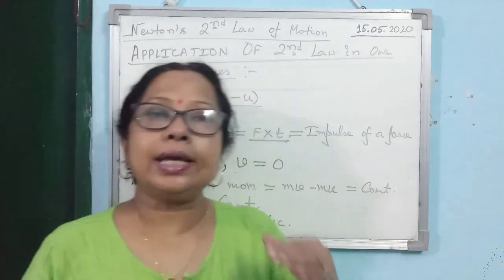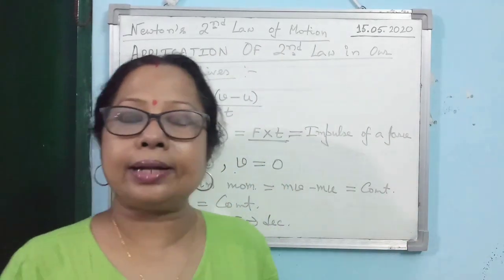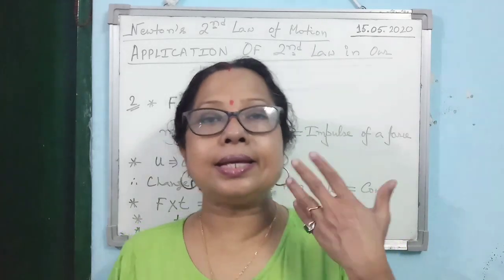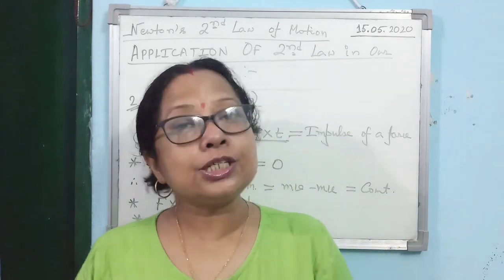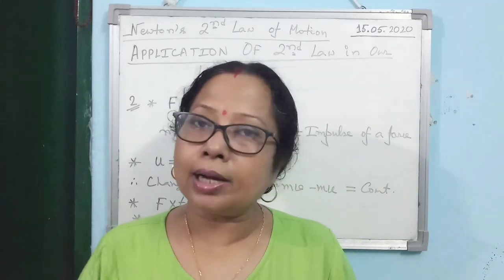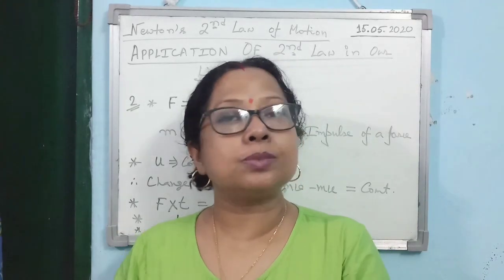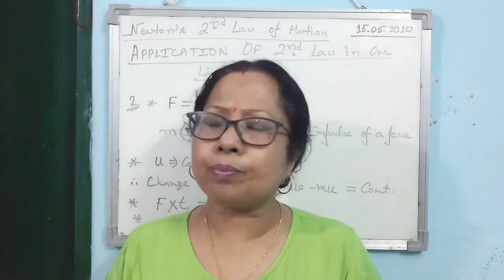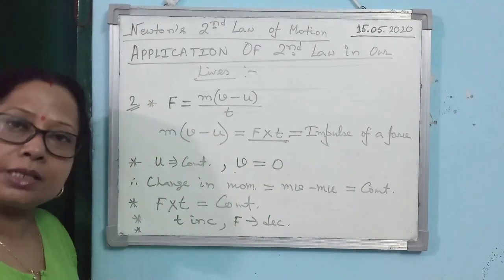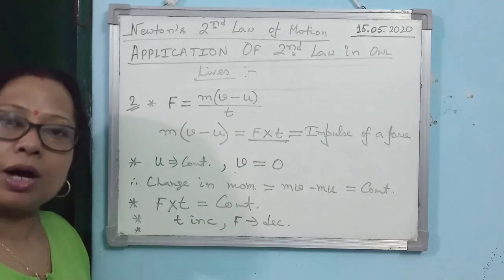First I will explain, and then I will say how to write the answer point-wise. When the player takes the jump with some initial velocity and then falls on the ground, the velocity becomes 0, just like the cricket ball. So initial velocity is constant, final velocity is 0, and the change in momentum becomes constant.